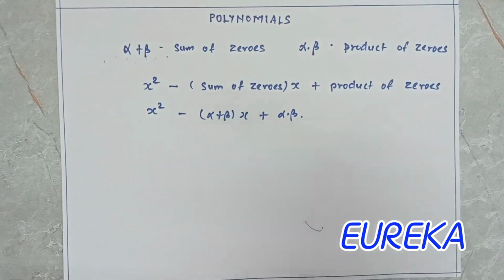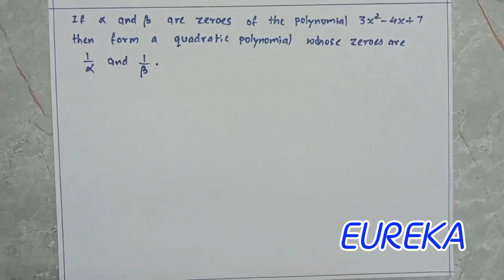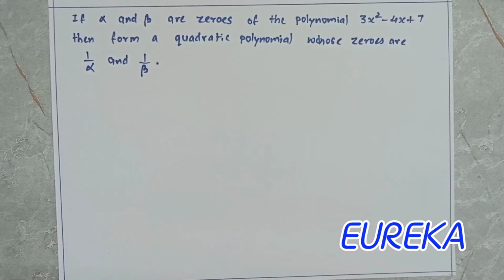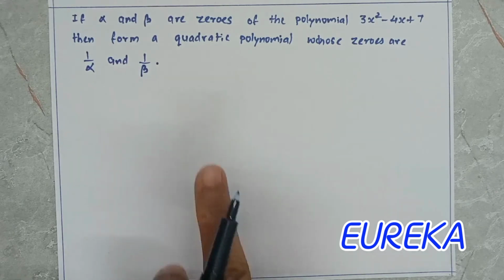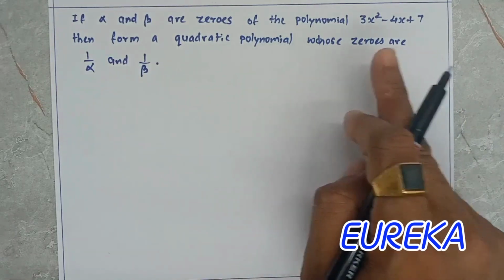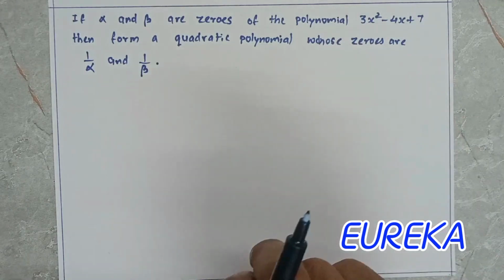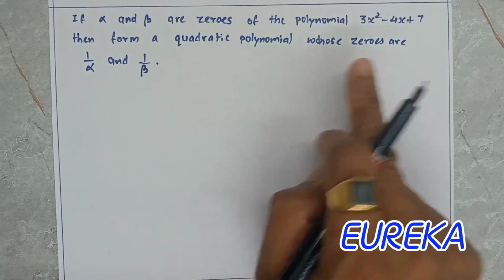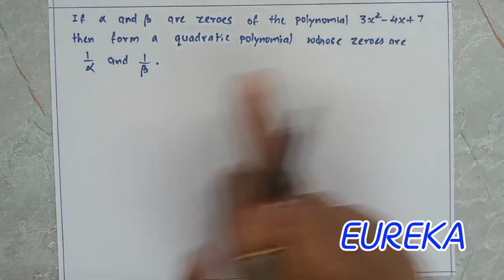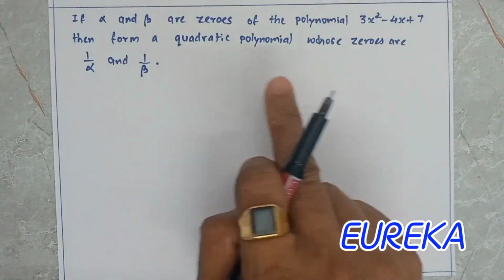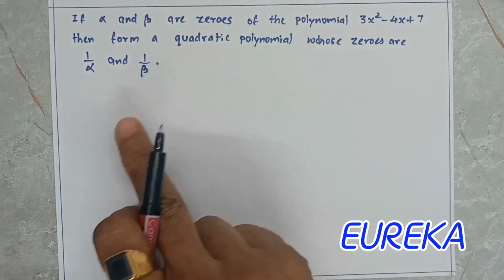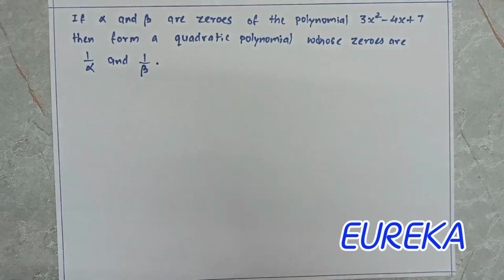So let's see a question of this type. Here is the question: if alpha and beta are zeros of the polynomial 3x square minus 4x plus 7, then we have to form a quadratic polynomial whose zeros are 1 upon alpha and 1 upon beta.